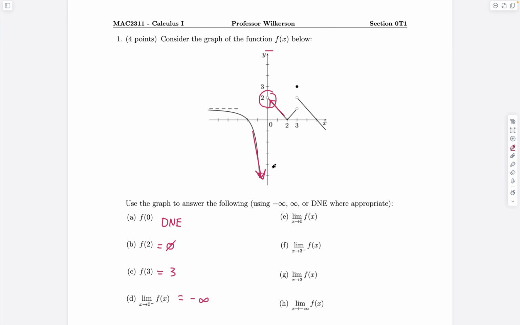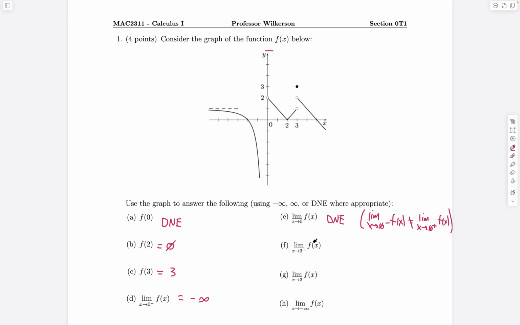Negative infinity and 2. Therefore, this limit will not exist. We can write this notation to describe this two-sided limit not existing: left and right side are not equal.